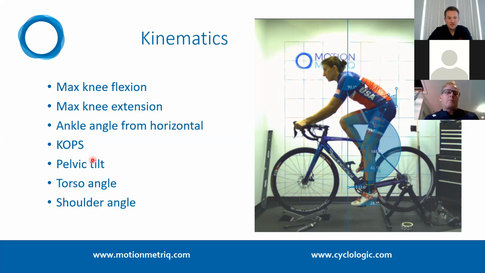So lots of things you can measure, and with being able to measure distances and reference points, you can create lots of information that you would need to be able to accurately describe what your cyclist is doing on the bike.